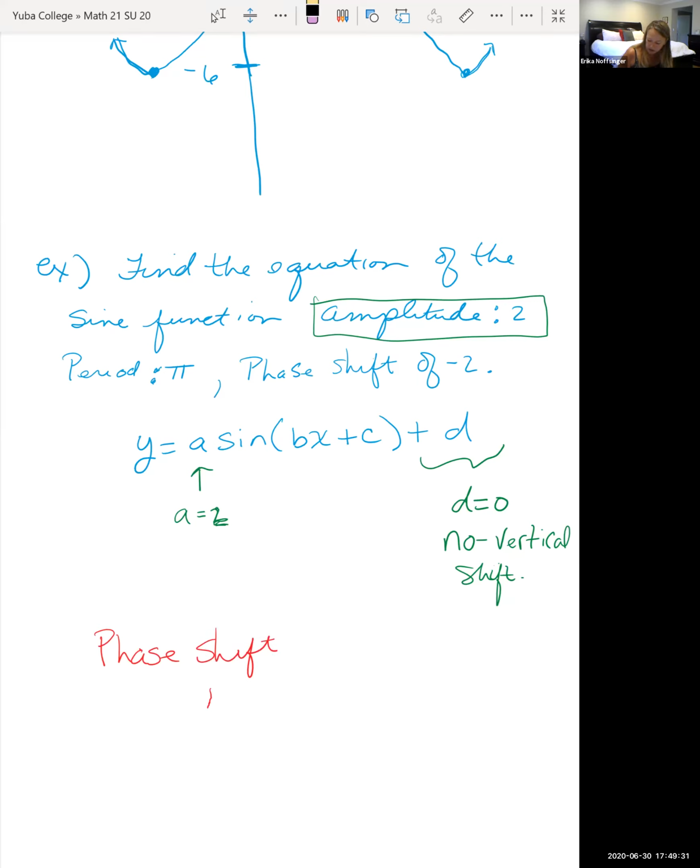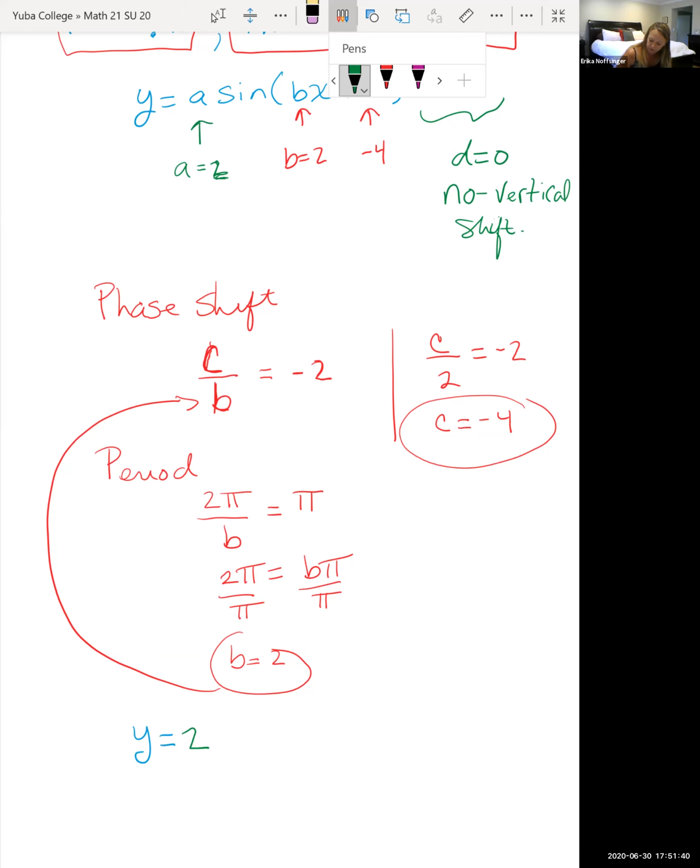So if we plug that back into our equation, we have y is equal to our a value, which we said was 2, sine of b, which we saw was 2, plus c, but plus a -4 is -4.